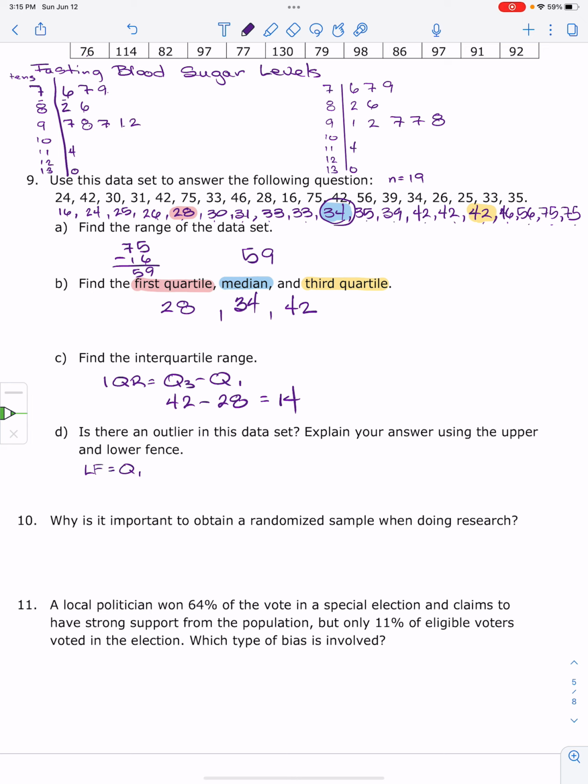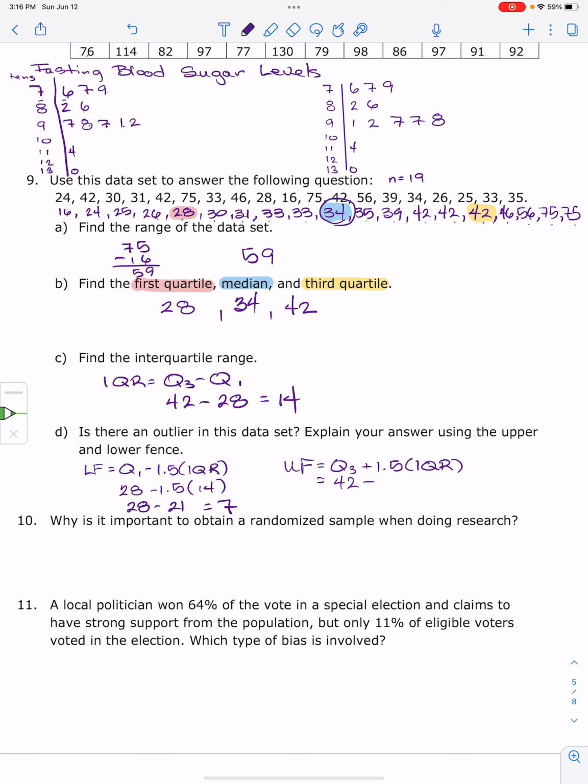The lower fence is the first quartile minus 1.5 times that interquartile range, which is 28 minus 1.5 times 14, 28 minus 21, which is 7. I have a lower fence of 7.